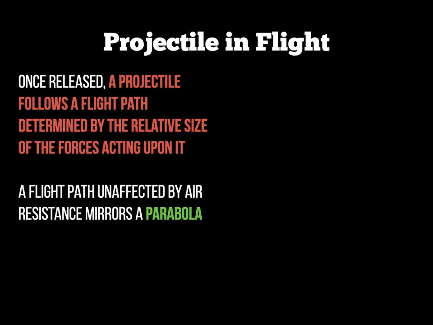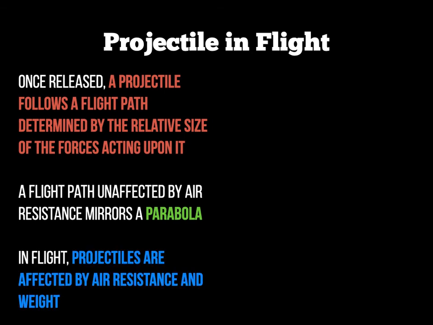If the flight path is totally unaffected by air resistance, and therefore weight is the dominant force, it mirrors a shape in mathematics we call a parabola. When we throw a projectile, because it's thrown at speed, it will always be affected by air resistance in some way, but it will also be affected by the weight of the object you are throwing.